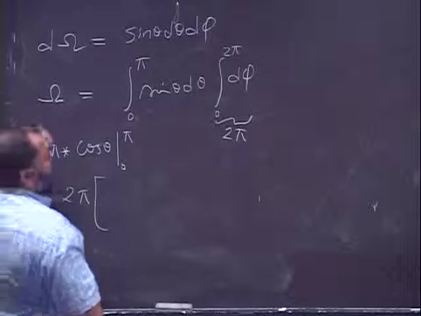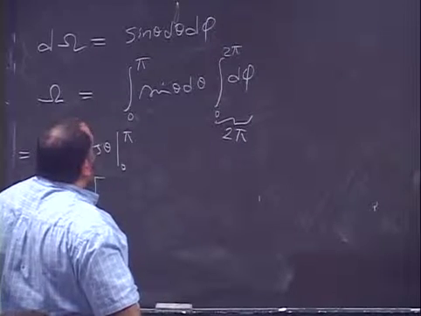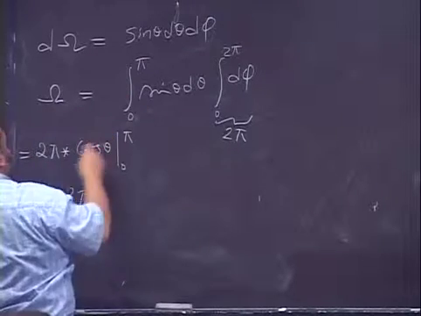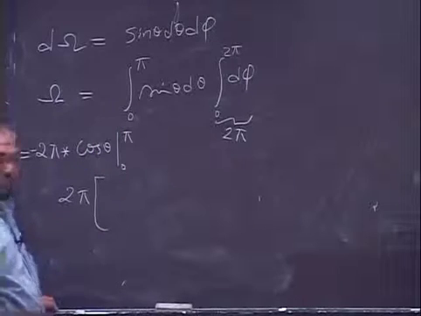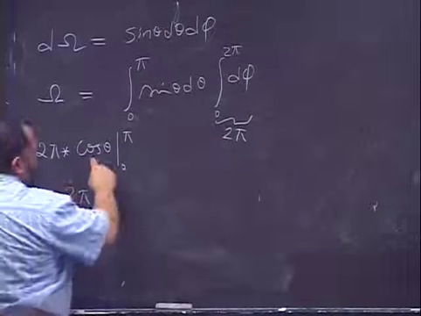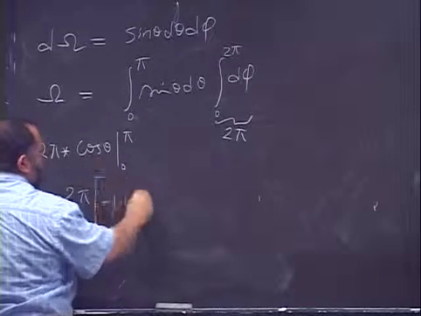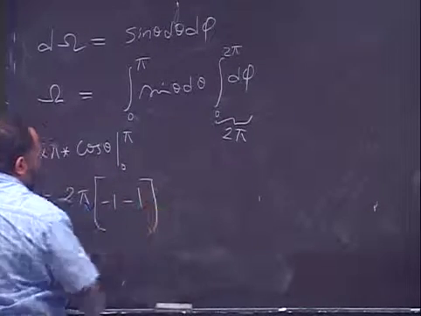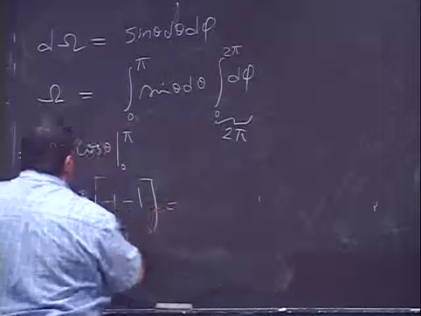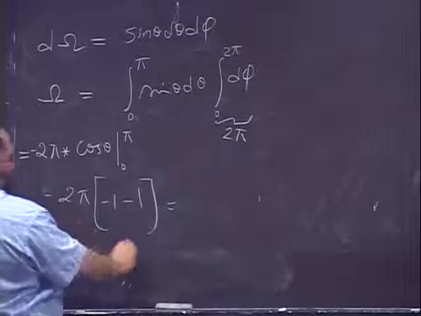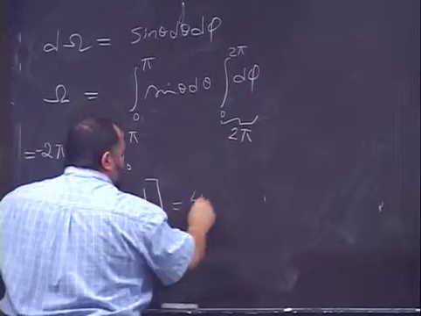But there is a negative sign from the integration, because the integration of sine is negative cosine. So this will give me -1 minus cosine 0, which is 1. So this will give me -2, multiplied by negative is +2, multiplied by 2 pi is what?